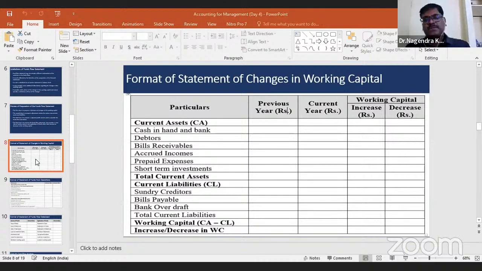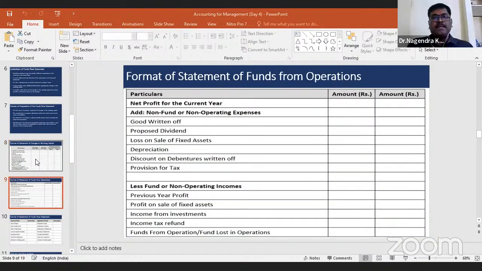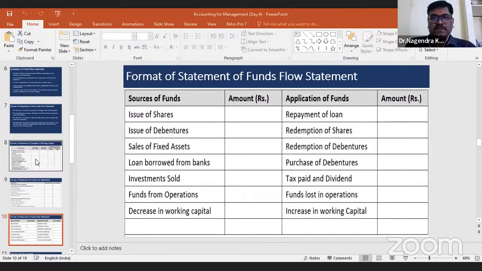You just go through these formats, you understand these formats for the working capital statement, or for preparing the funds from operation statement or funds flow statement. So if you have this idea, you will understand what items we can take. We may be confused when we are looking at adjustments and at the balance sheet about which items we have to take, how to take, what to take. So if there is a picture of these items in your mind, then you can go in the order of items given in the balance sheet.